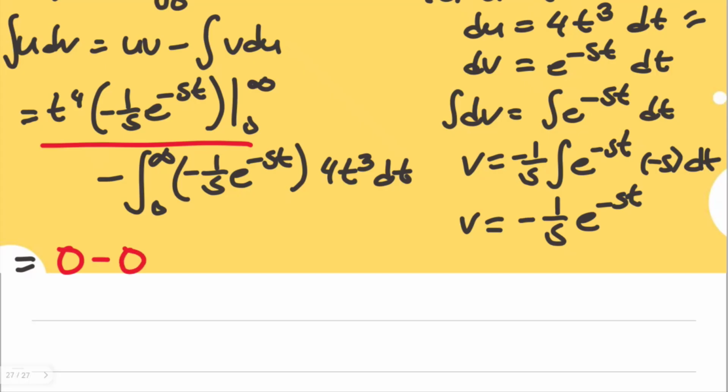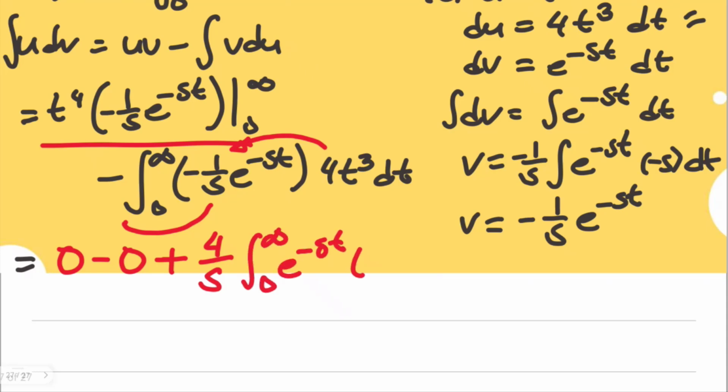So we'll have next, taking the constants out, because that's also a constant, plus the negative of negative 4 over s times the integral from 0 to infinity of e to the power of negative st t cubed dt. So this time you are also going to use another integration by parts, because this can be integrated.